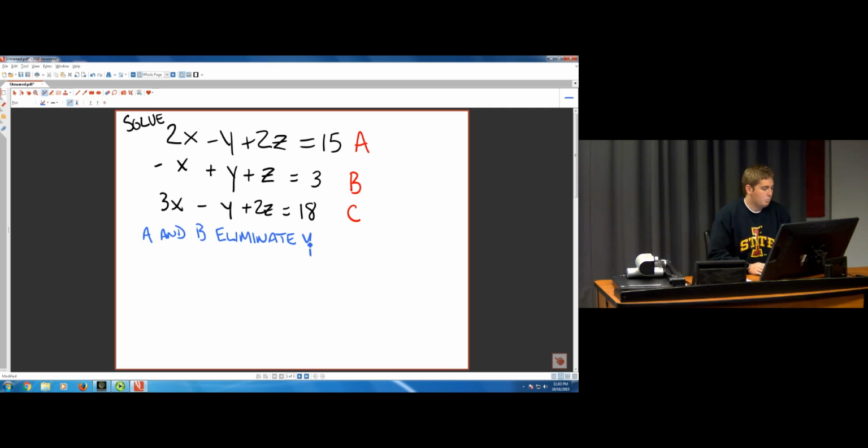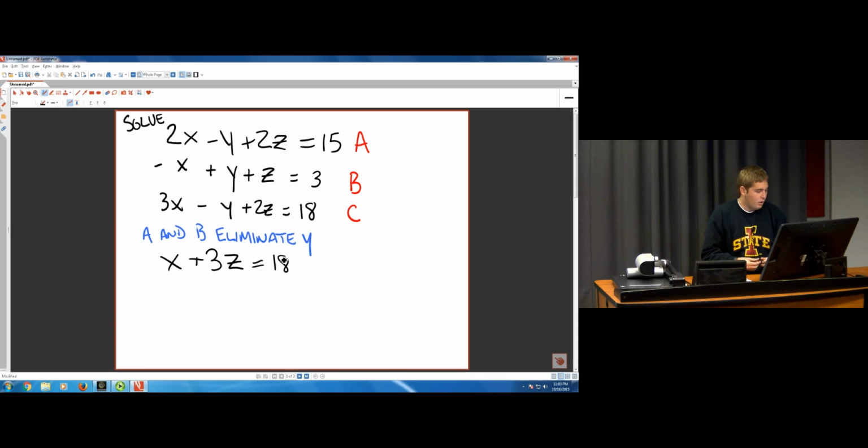I picked Y because we can see here that we already have minus Y and plus Y in our equations. When we add these two together, we're going to get X plus 3Z is equal to 18.